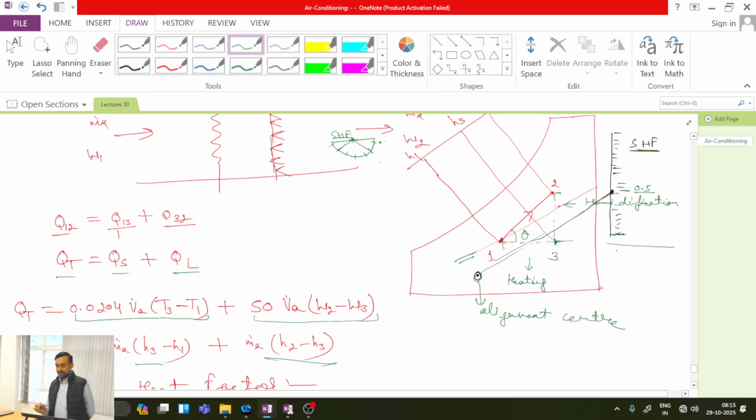In some psychrometric charts you will find it here, and in some you will find it here. Okay. So if you refer to different books, there can be different formats of psychrometric charts. The only major difference, rest of the things you will find almost the same, is in the sensible heat factor scale. Is this one clear? Does anyone have any doubt about this?